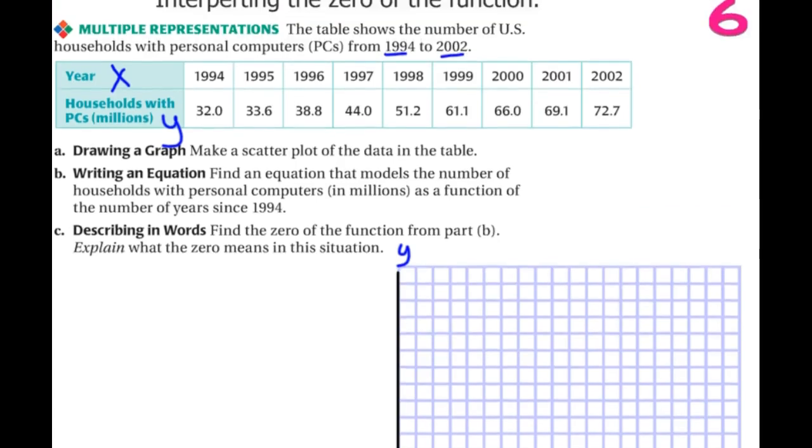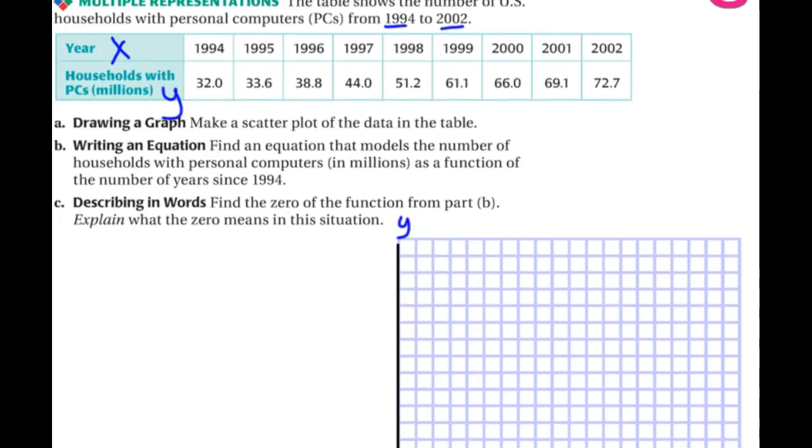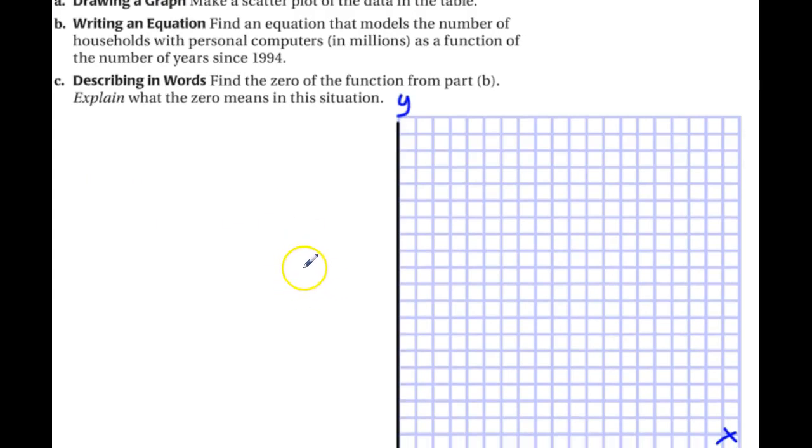We are talking about years. Years go on my x-axis. And on our y-axis, we're talking about household PCs, number of houses with PCs or personal computers.